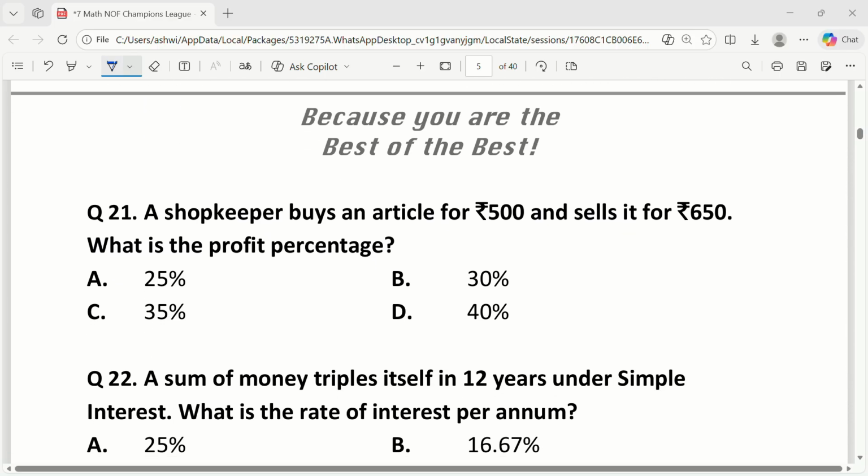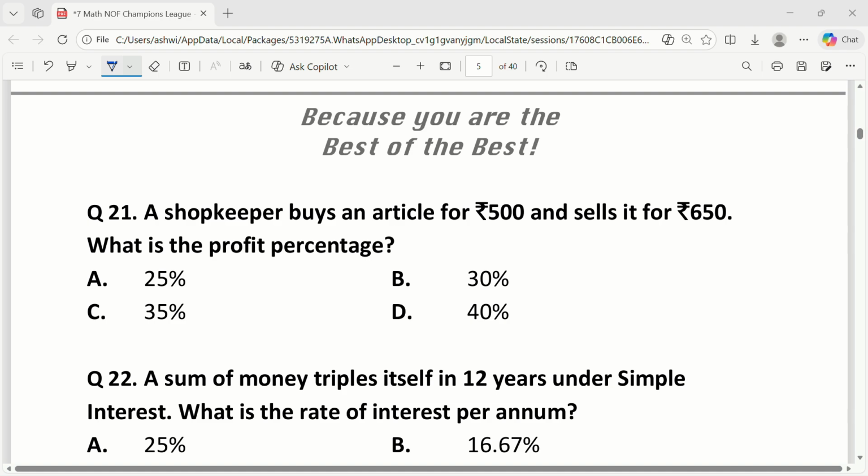Question 21. A shopkeeper buys an article for rupees 500 and sells it for rupees 650. What is the profit percentage? The cost price is 500 and the selling price is 650. The profit is the difference between the selling price and the cost price.